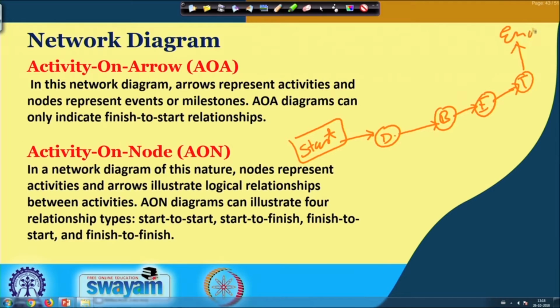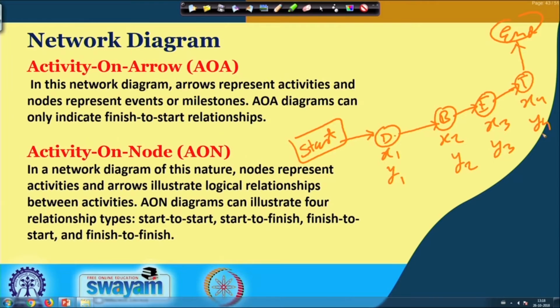So here we represent drilling with time requirement x1 and cost requirement y1, then x2, y2 time and cost, x3, y3 time and cost, and x4, y4 time and cost for transportation.